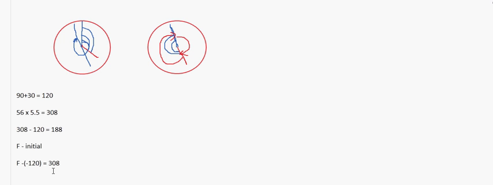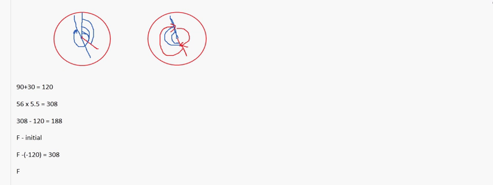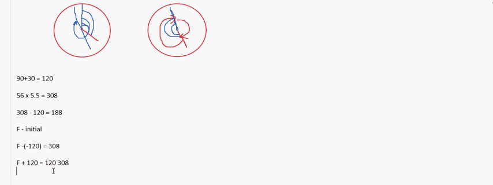So which means final plus 120 is equal to 308. It has to be 308, or final is equal to 308 minus 120, which is equal to 188, right?